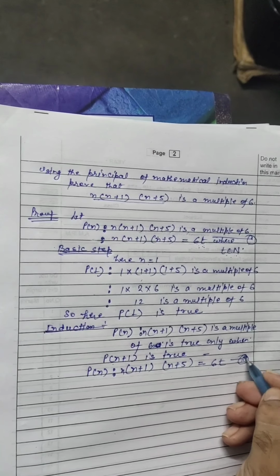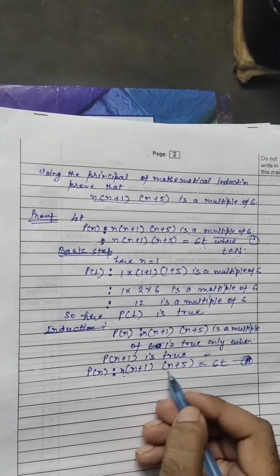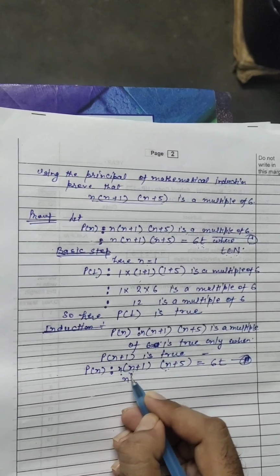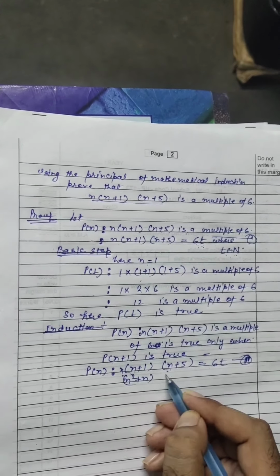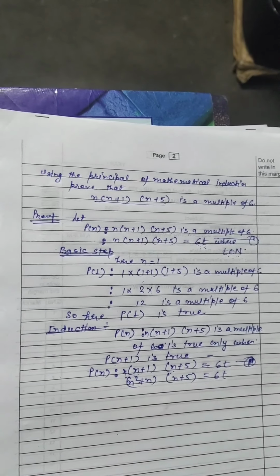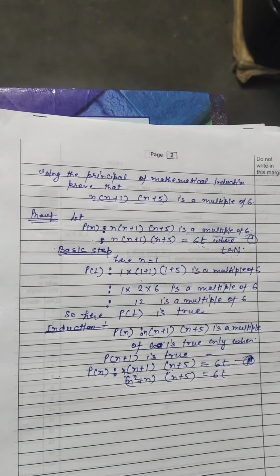Students, I want to do something more. It is equation number second. Now multiply: n into n plus 1 is n square plus n, and now multiplied by n plus 5 is equal to 6t. We will get something, so don't take tension.